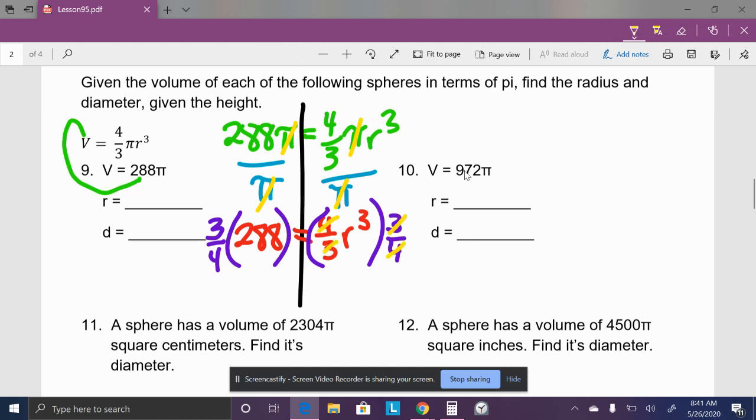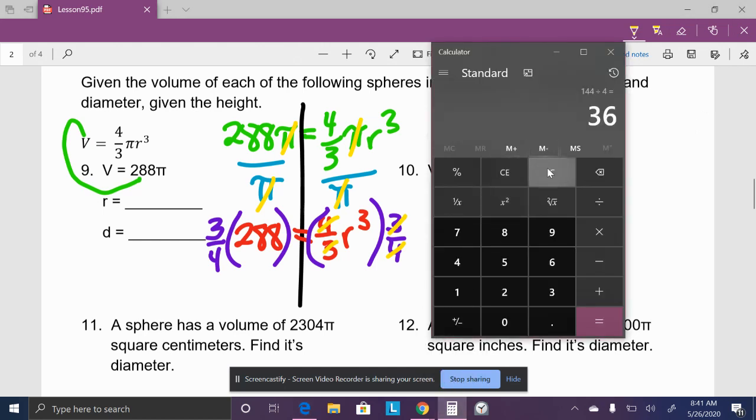Over here, 3/4 times 288. 3/4 times 288 is 216. So that's how I got 216.